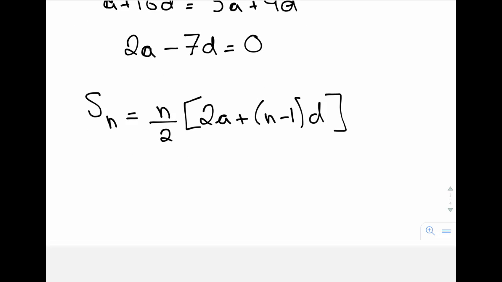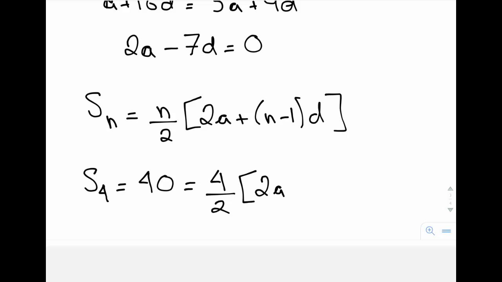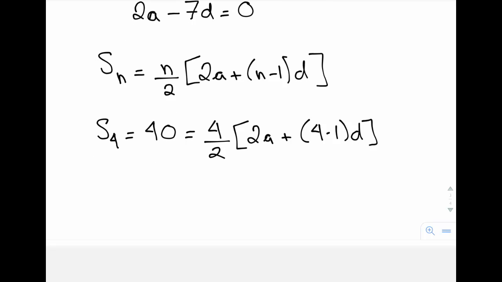So in this case, I know that S4 is 40, which means that I have 4 terms divided by 2, 2 times the first, plus n minus 1, well actually n we know what it is, it's 4, 4 minus 1 times d, is equal to 40.